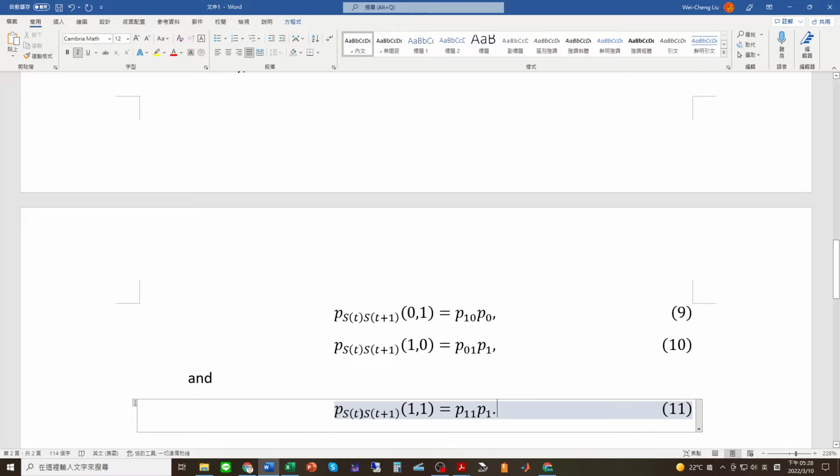And P_{S_t,S_{t+1}}(1,1) is equal to P11 times P1.